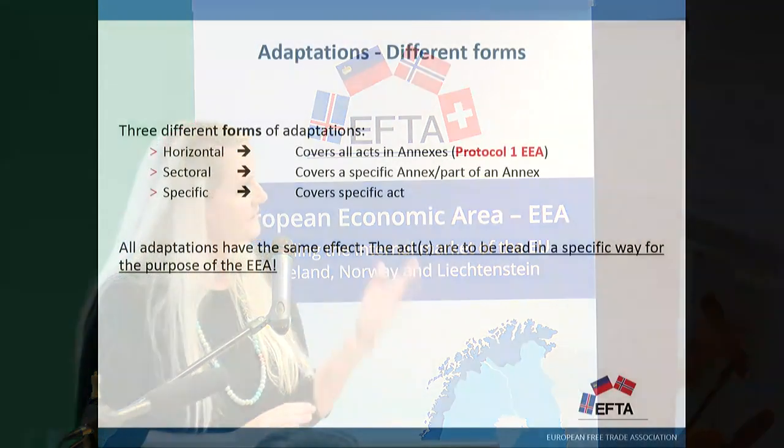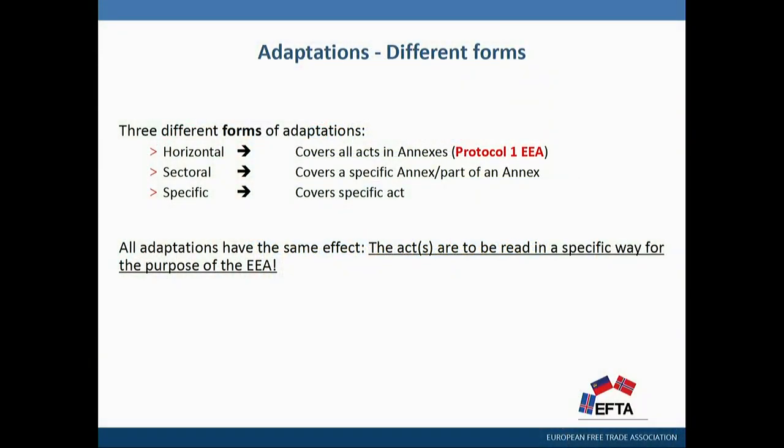So basically we have, firstly, very important, Protocol 1 to the EEA agreement that applies to all acts incorporated into the annexes to the EEA agreement. This is a horizontal adaptation, basically setting out how all incorporated EU acts shall apply, and this is done in order to avoid recurring general adaptations to every act that is incorporated into the EEA agreement.